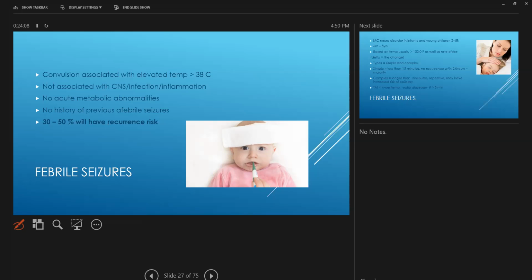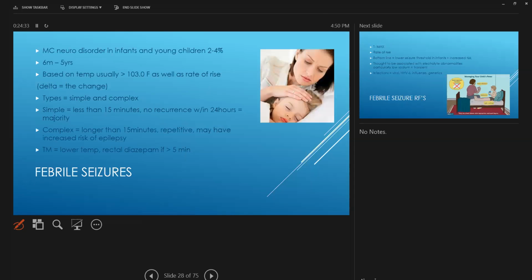It's really just a seizure that occurs when the rate of change of temperature happens quickly enough, which they're not exactly sure how it works, but they think that somehow the sodium channels are disrupted and the child will seize. 30 to 50% will have a recurrence risk.